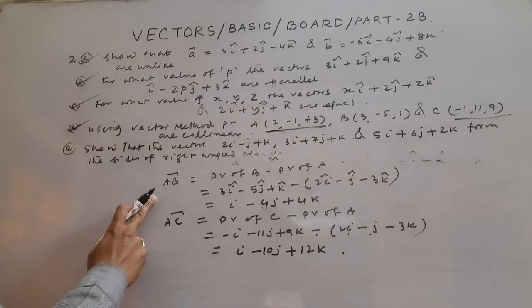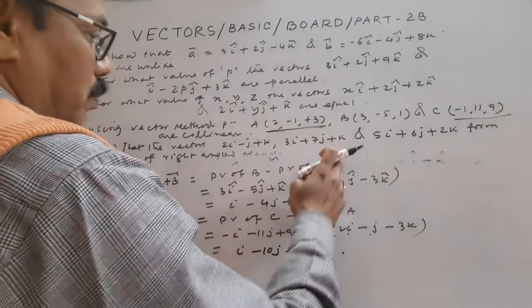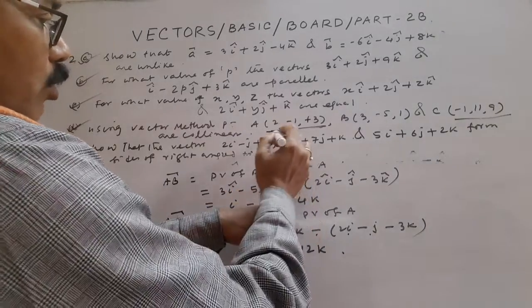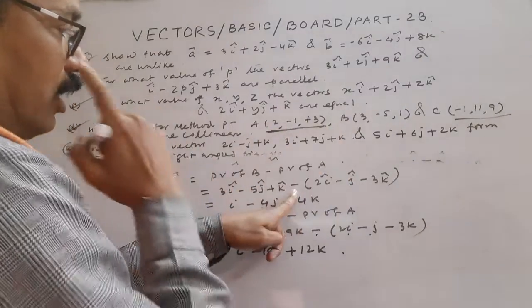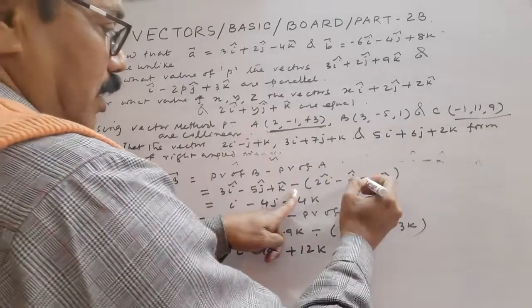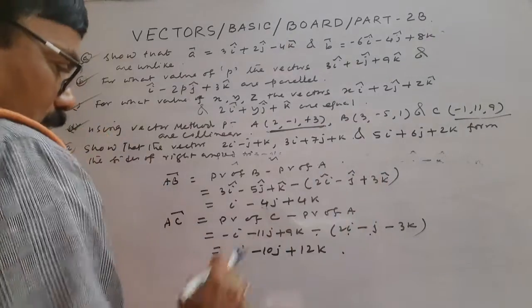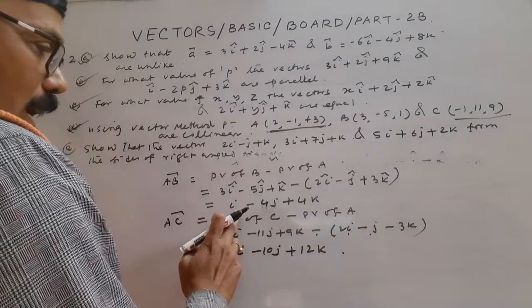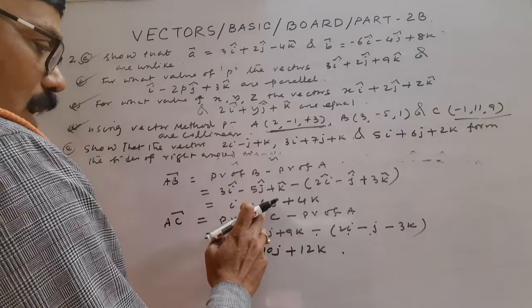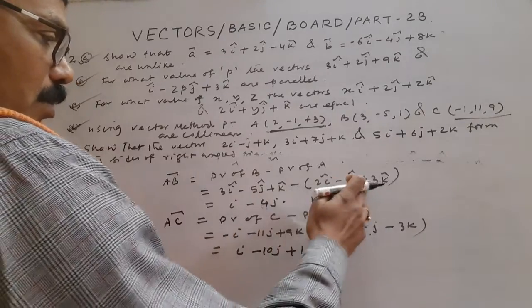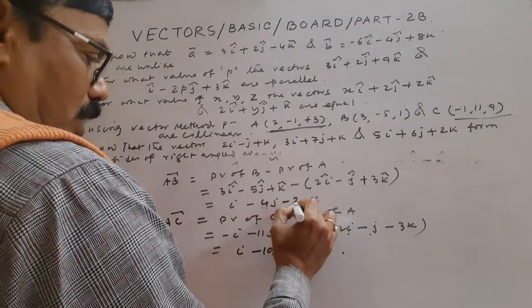So AB vector equals PV of B minus PV of A. Now we have corrected it. So this is 2i minus j plus 3k. So 3i minus 2i is i, minus 4j, and k minus 3k is minus 2k.